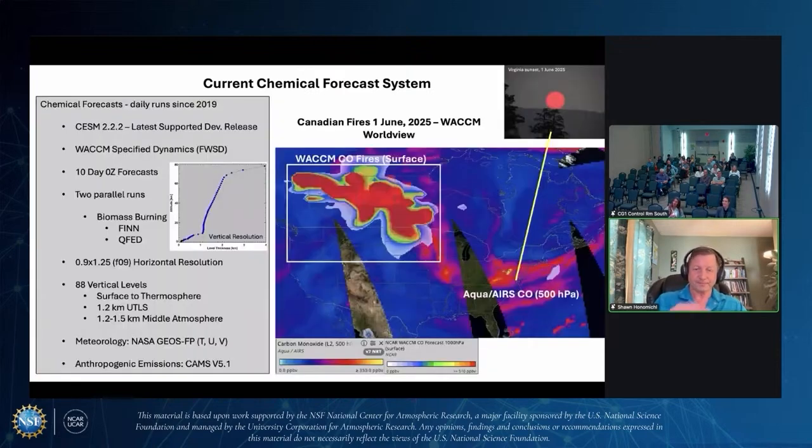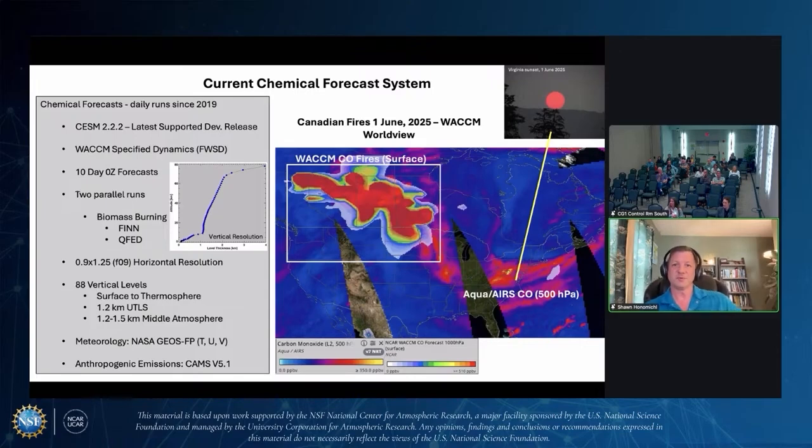Another example, this is another version of our WACCM CO fire product, just overlaid on our ACOM Worldview product, which is kind of an offshoot of the NASA Worldview viewer. Similar depiction of the Canadian wildfires.